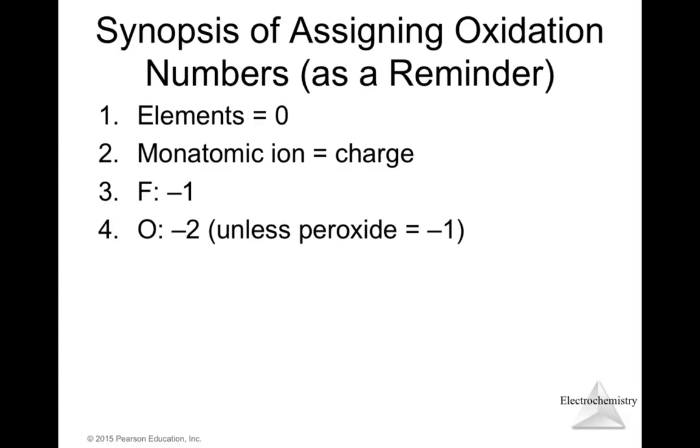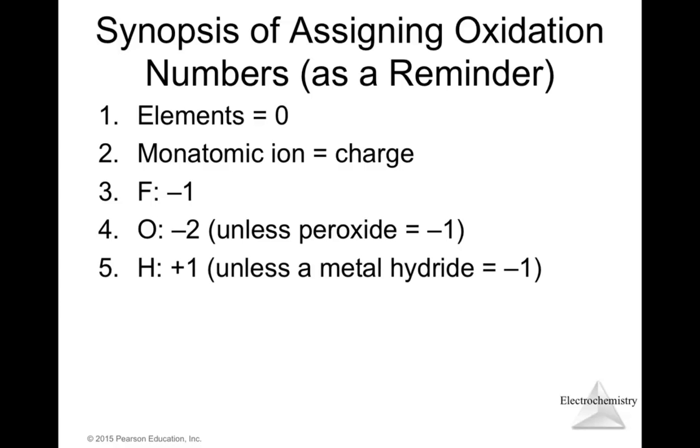Oxygen is -2, as the ion in H2O, unless it's a peroxide, where the oxidation number of oxygen is -1. Hydrogen is +1 unless it's a hydride, where it's -1, but most of the time hydrogen is +1.